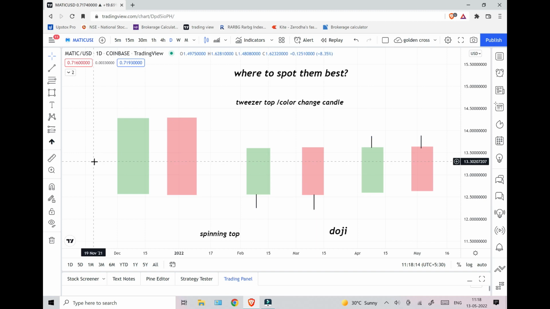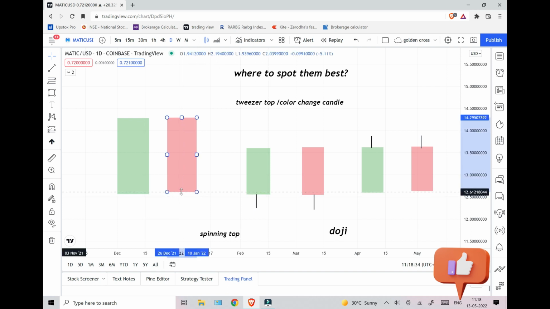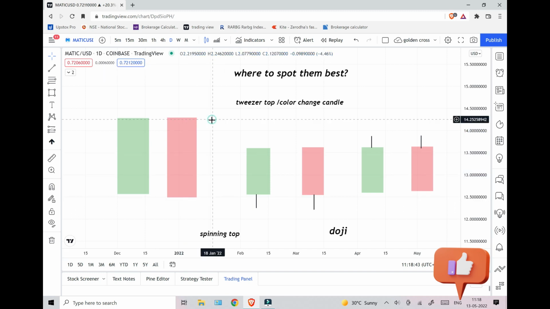Now, how to identify tweezer tops? It is a two candlestick pattern. The first candle that will be formed is the bullish candle. The second will be a bearish candle. Sometimes the size might not be the same. It can be this, it can be like that, but it can be a bit more. It means same.